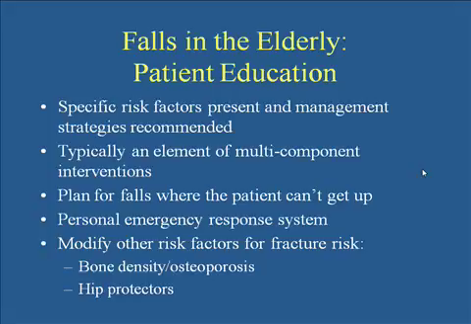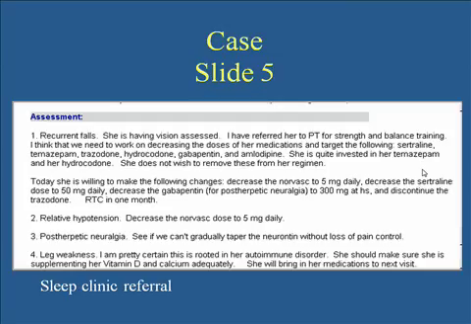If they can't get up, maybe an opportunity to discuss personal emergency response systems that they can use when they can't get up. And it's also an opportunity to talk about other risk factors for injury, such as the role of assessment for bone density and osteoporosis and treatment of osteoporosis for prevention of fall-related fractures.